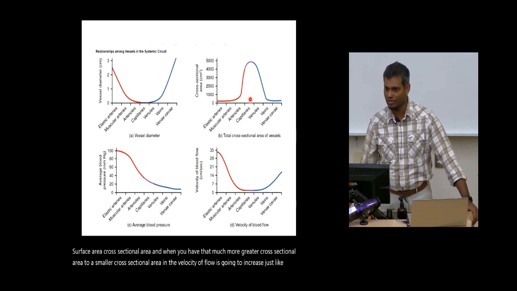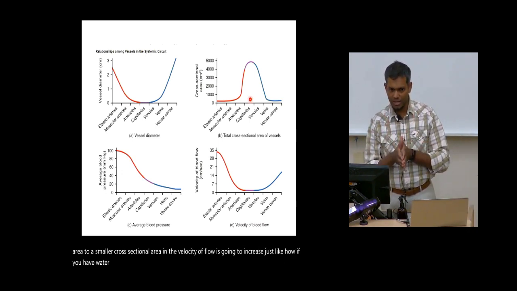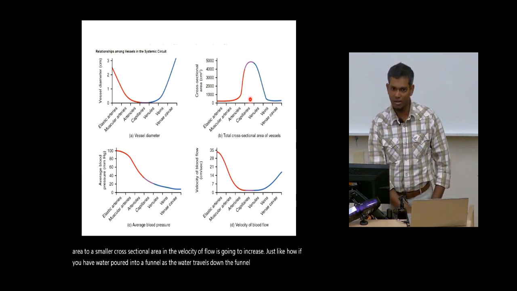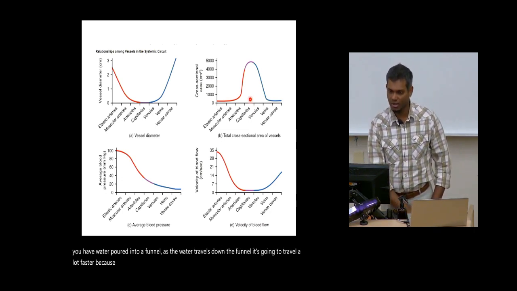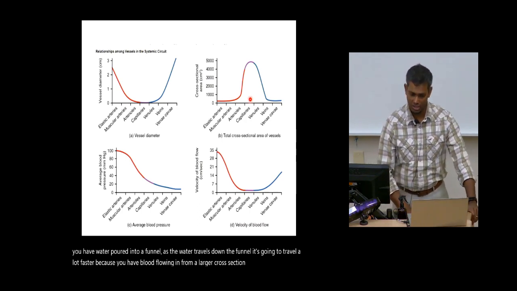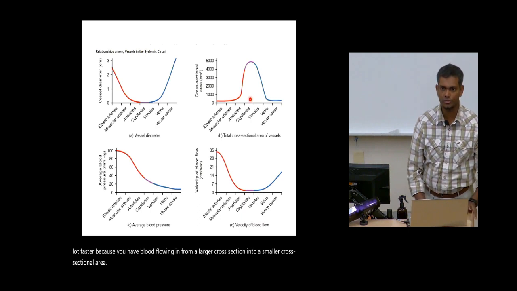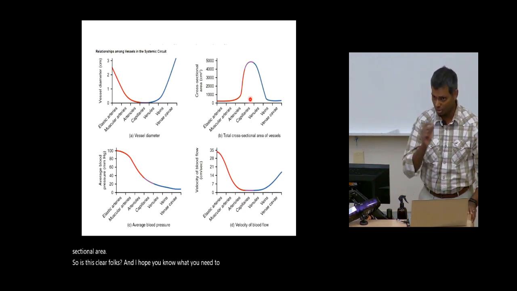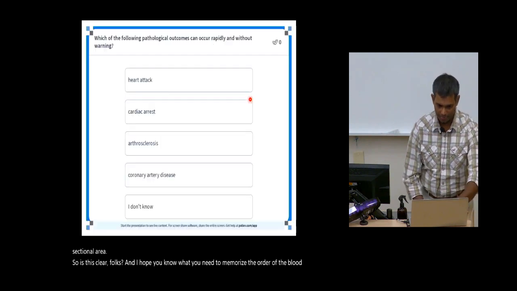Just like how if you have water poured into a funnel, as the water travels down the funnel, it's going to travel a lot faster because it flows in from a larger cross-sectional area to a smaller one. So is this clear, folks? And I hope you know what you need to memorize, the order of the blood vessels.